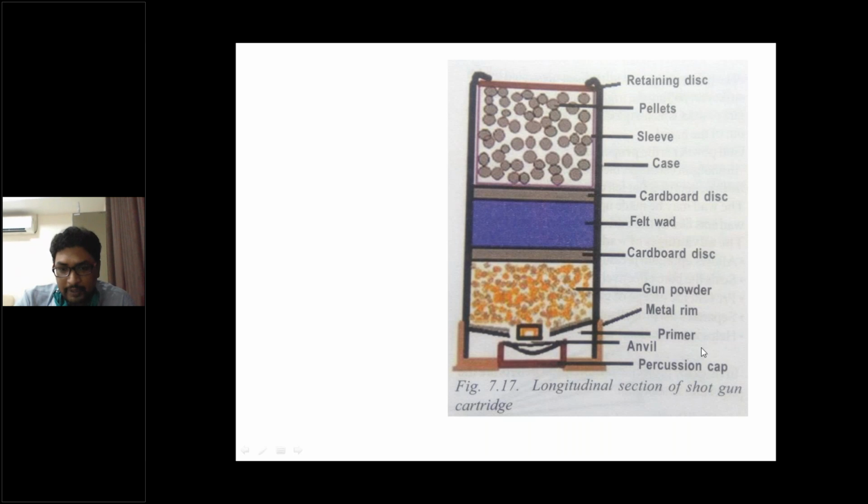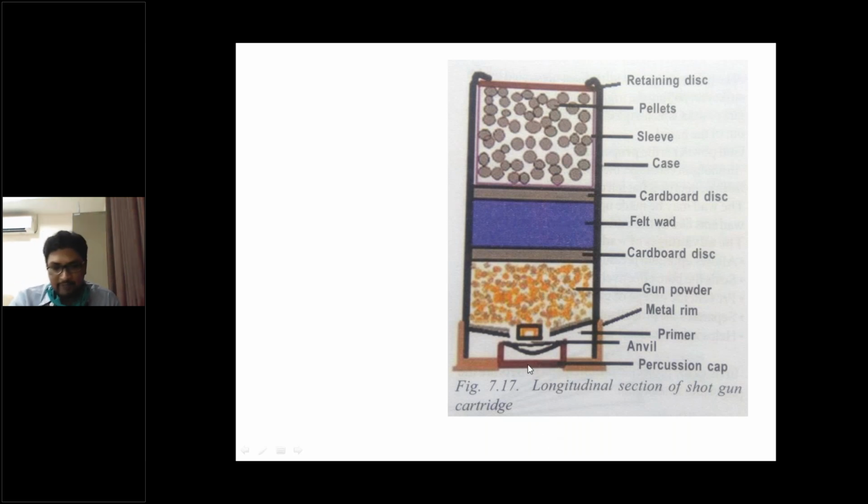Then we have the primer, and the metal ring covering the base to give support, and then we have the gunpowder. We have cardboards, and the felt wad, which is simply the wad, and then the cardboard to cover the pellets, and then we have the pellets at the top.